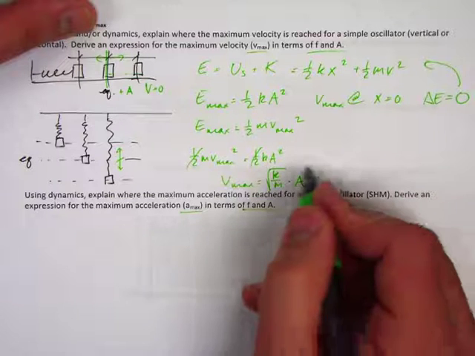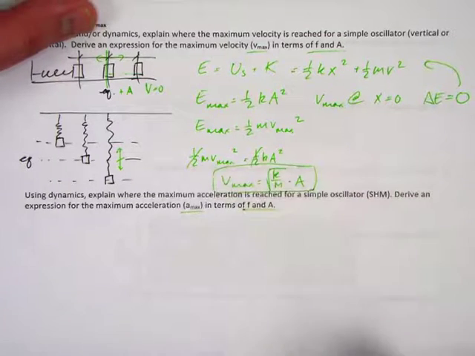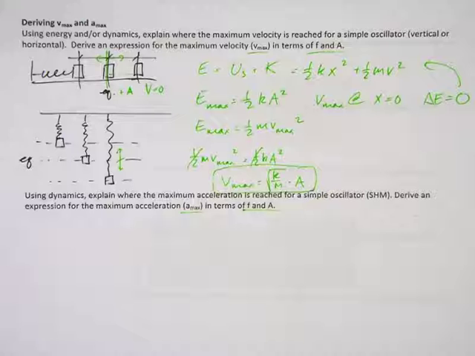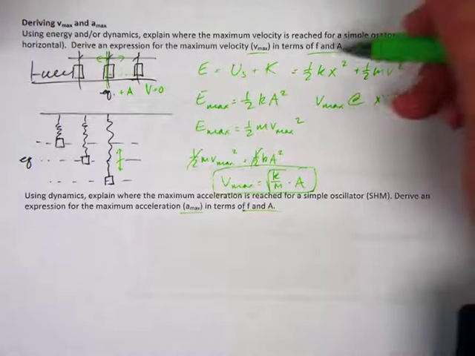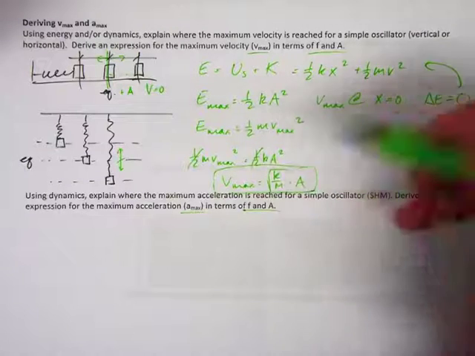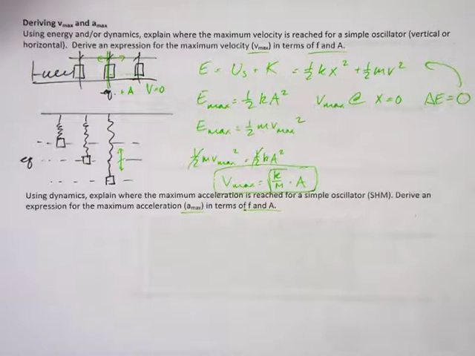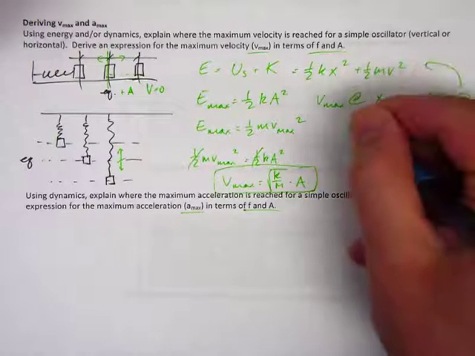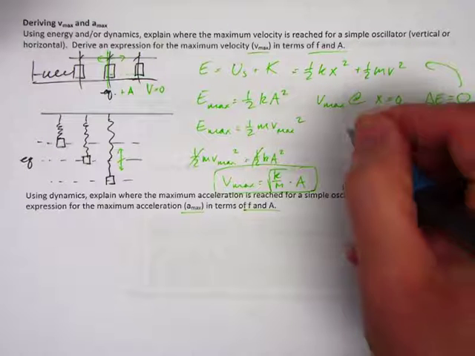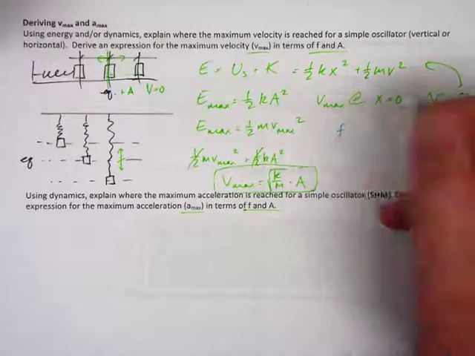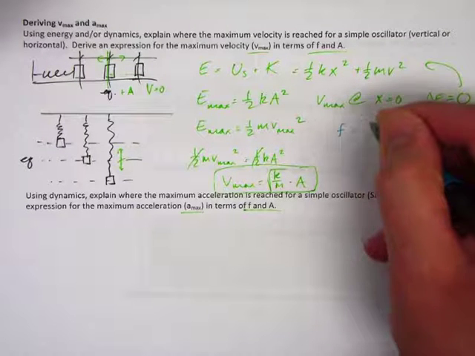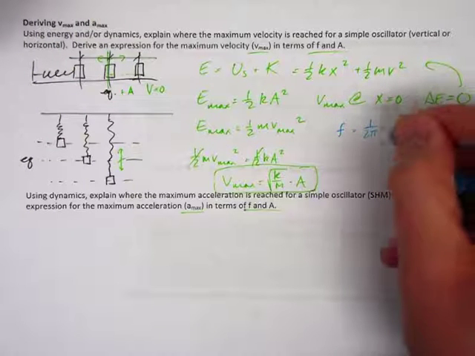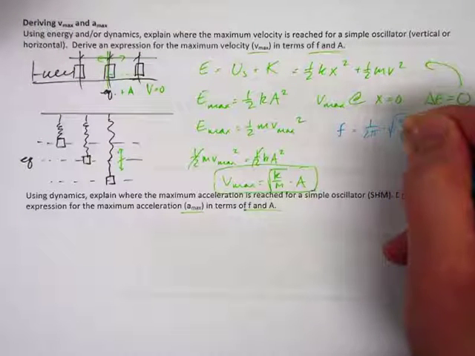So there's one way we see the maximum velocity of an oscillator can be found, but we want it in terms of f and A. So think about this term over here. Remember that the period, or let's do it in terms of frequency. The frequency of a mass spring oscillator is going to be 1 over 2 pi times the square root of k over m.